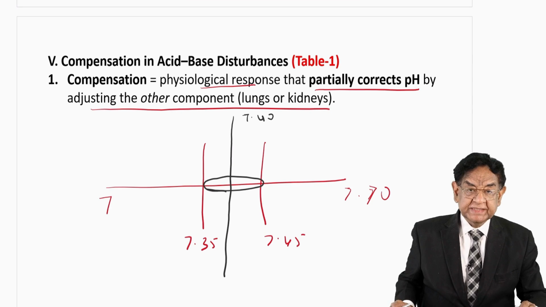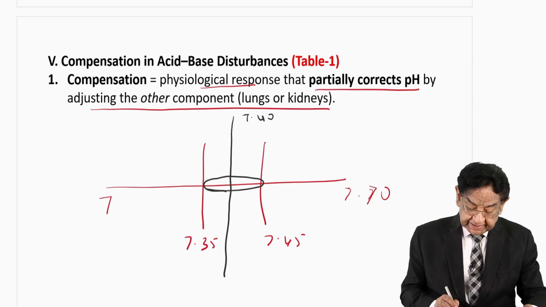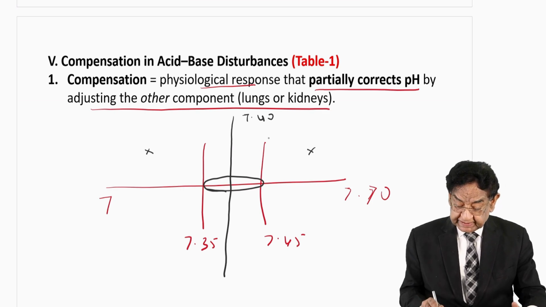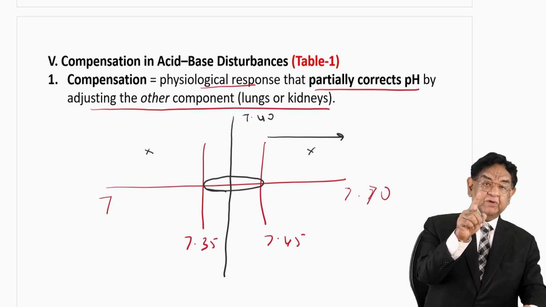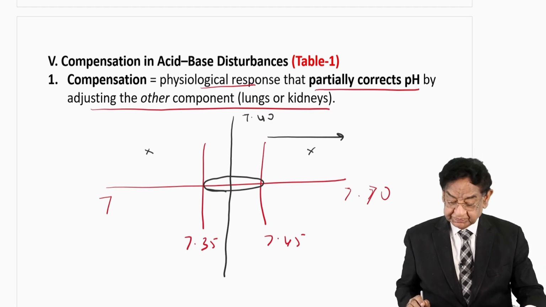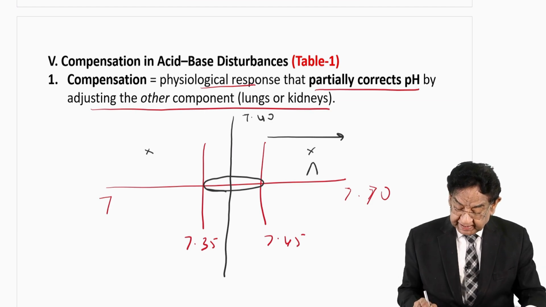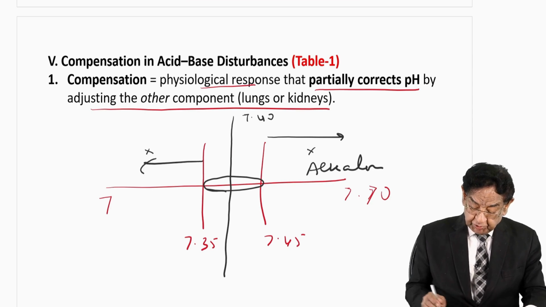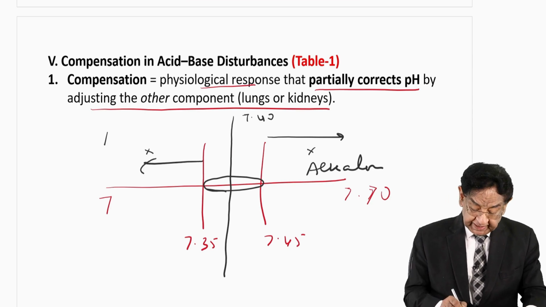But due to various diseases, pH can go this side or that side. Well, we know if it goes that side, will it be alkalosis or acidosis? Yes, it will be alkalosis. And definitely if pH goes below 7.35, it will be acidosis.